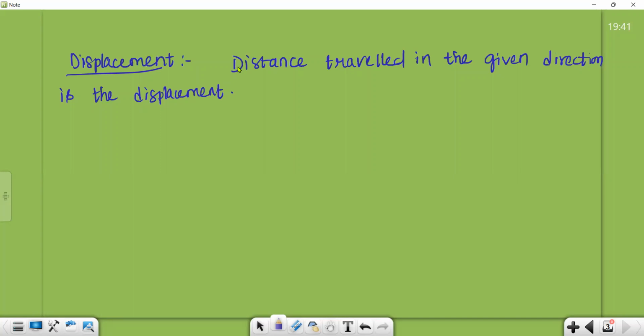You can also call displacement the shortest distance between the given points. Ma'am, can you give an example? Yes, I'll give.